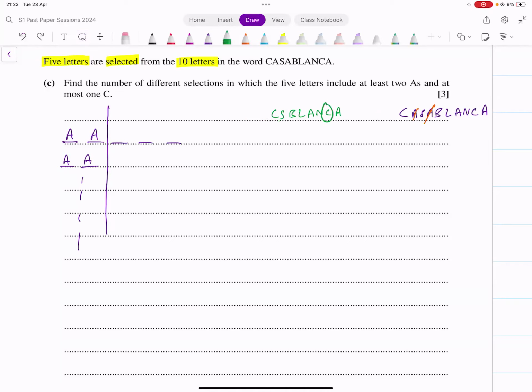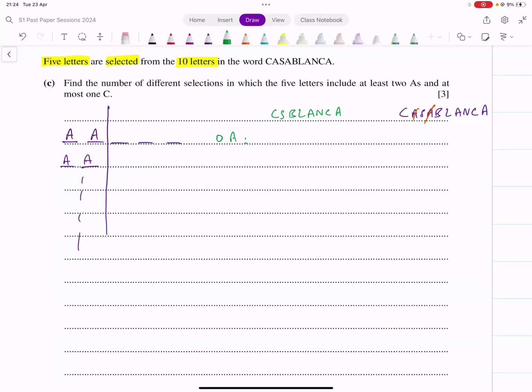However, the condition states that we can have only at most 1 C. You can't have 2 C's anyway. So for C as well, you don't really need to make any cases as such. Just make cases for A to make it even more efficient. What are the possibilities for A? In the remaining 3 letters, one possibility is that you have no more A, so 0 A.